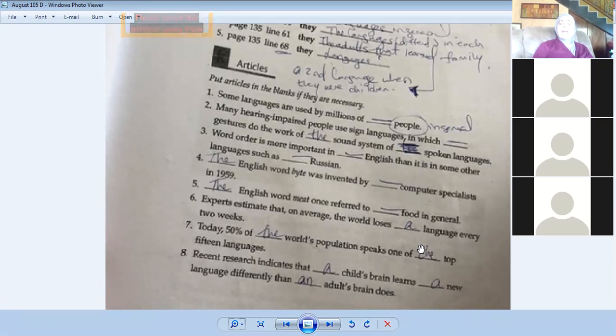So we use the, guys, when we talk about something specific, okay? And we said that we use the one time, remember, before certain nouns. So sometimes the is fixed as part of the name itself, all right?